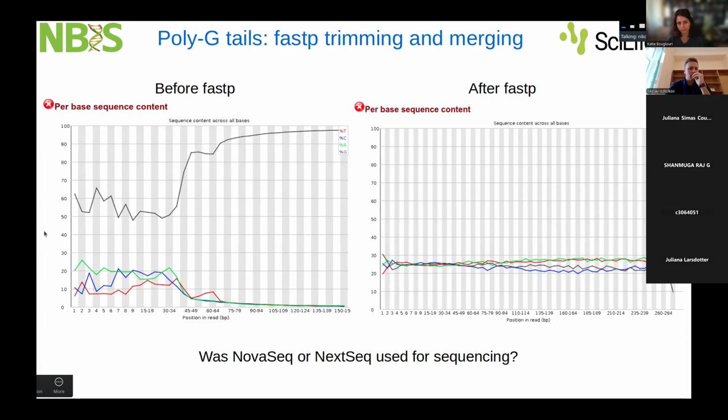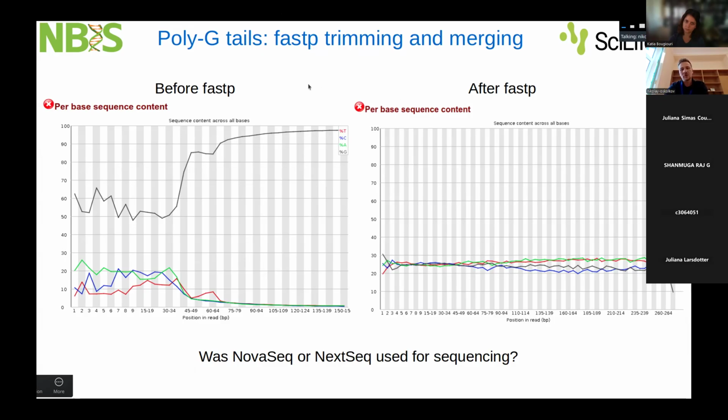It has something to do with this two-color technology in contrast to four-color technologies such as HiSeq. So this two-color technology was a little bit blind, and the nucleotides that could not be called reliably were actually called as G. And that's why you have this artificial increase of G nucleotide, what's called poly-G tails.